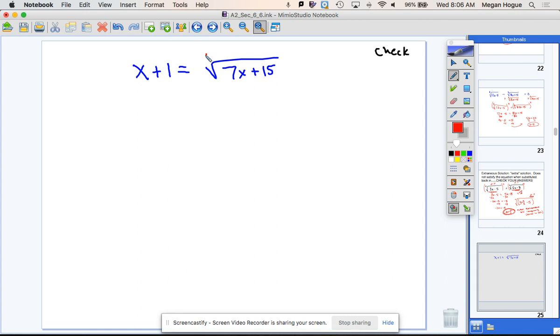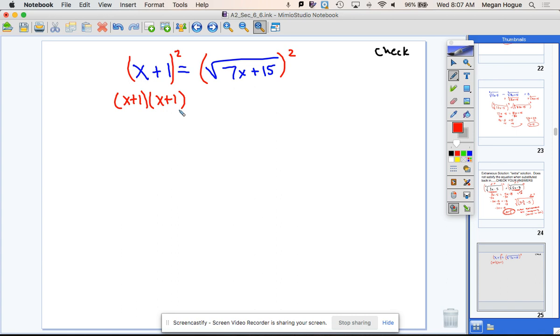Square it. So I'm going to square this. I like to call it an exponent. And so I got to square this whole side. So I got to square the whole other side. Oh, look what that looks like. X plus 1 squared.